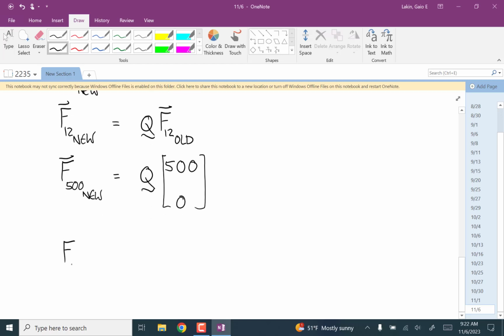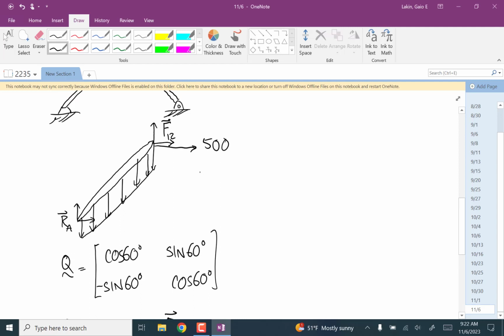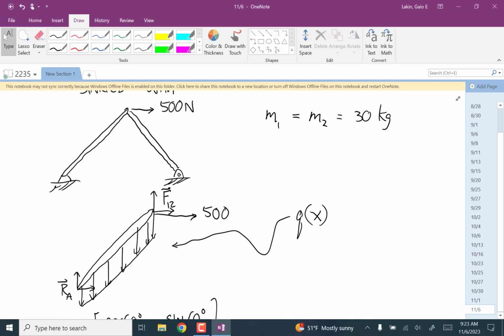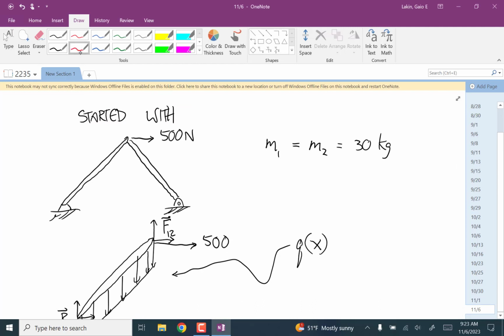And the distributed load in the new coordinate system would be that matrix Q times the distributed load function. So notice that this is the total weight, 294.3, divided by the length, which was 1 meter.